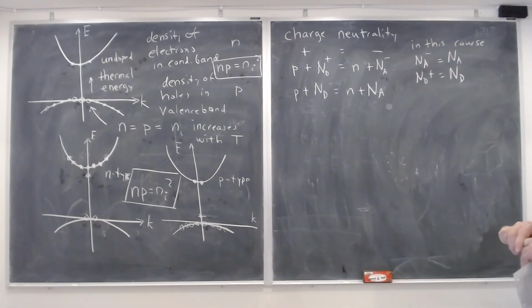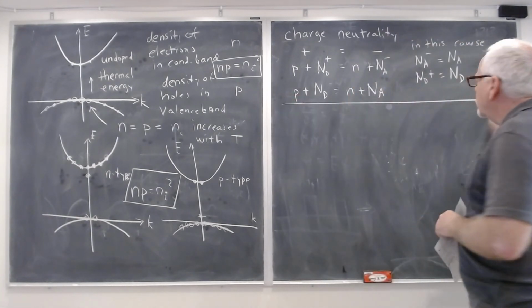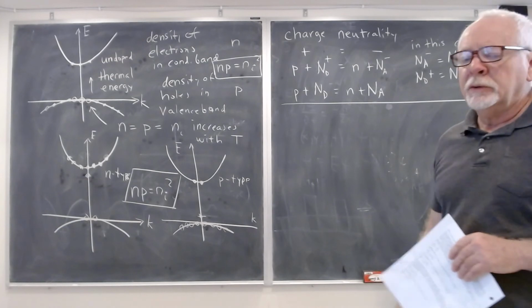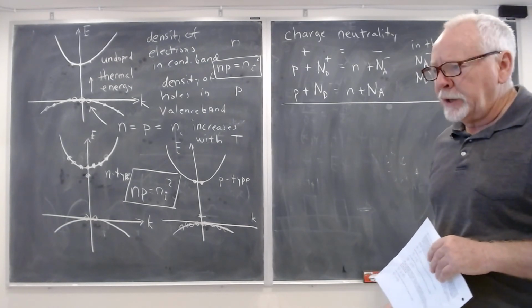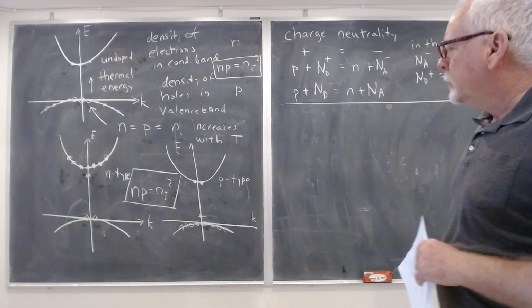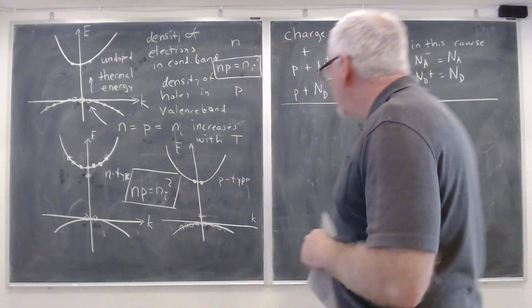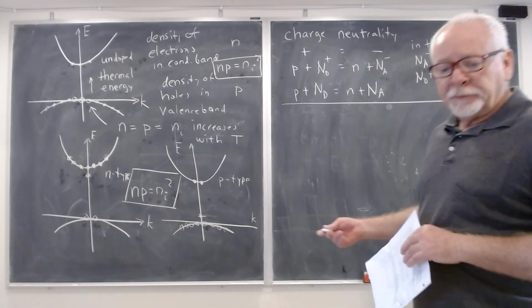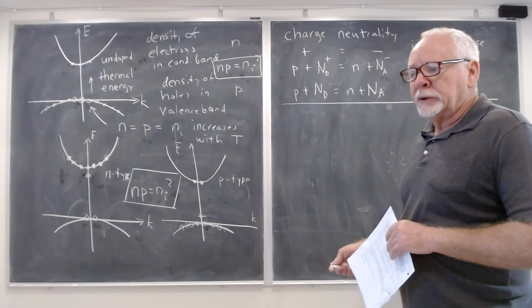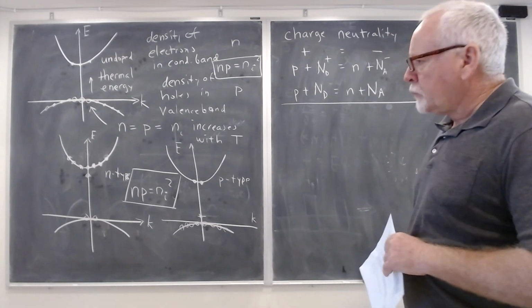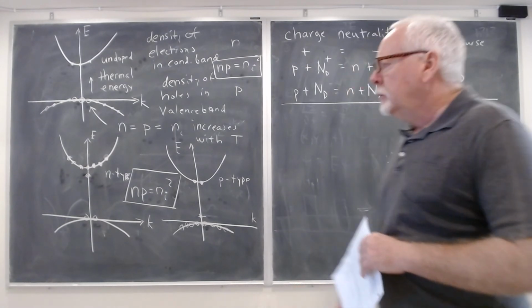Now we start basically with new material. And the first thing we have to do in the new material is prove this. The way we do that is with the Fermi energy. We haven't talked much about the Fermi energy yet. When we covered k-space, we sort of referred to it a little bit.